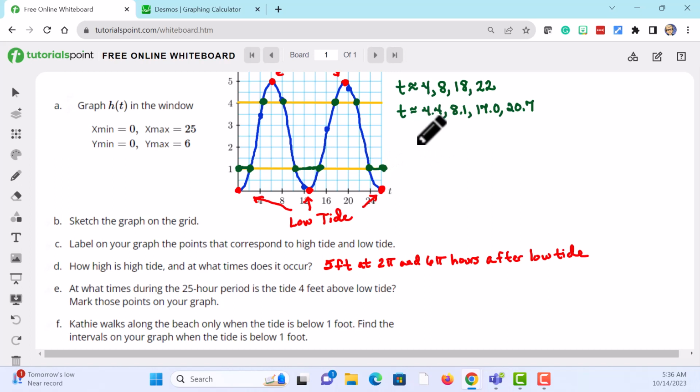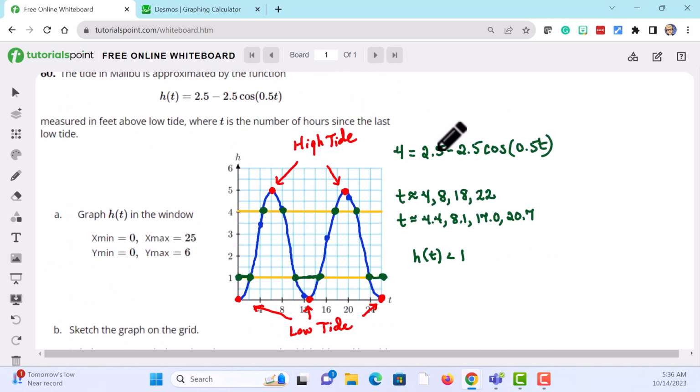So we're trying to determine when is the height less than 1. h of t is 2.5 minus 2.5 cosine of 0.5t. We want that to be less than 1.